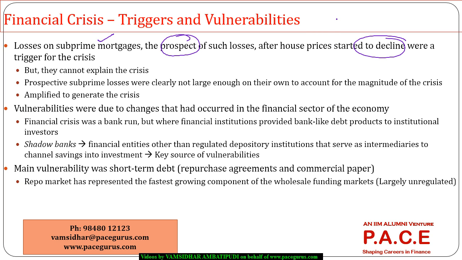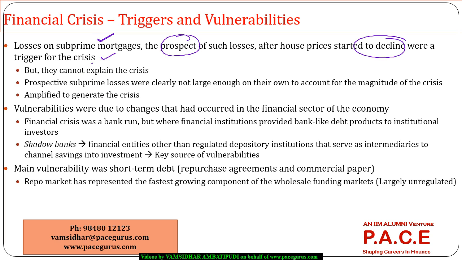So there was a housing price bubble bursting, and because of that, lots and lots of subprime mortgages could not be recovered. There were huge losses on them, and that is accepted as the major trigger to the financial crisis.